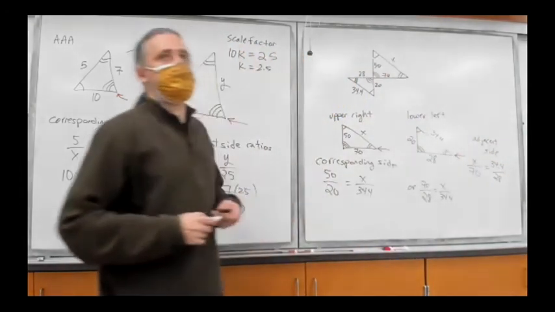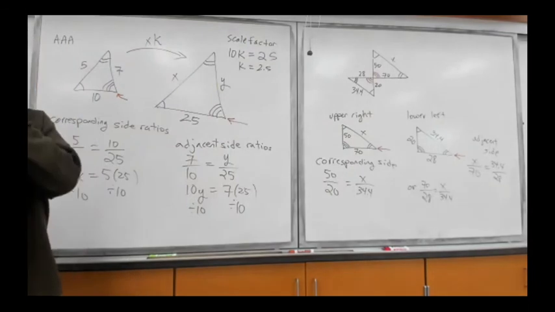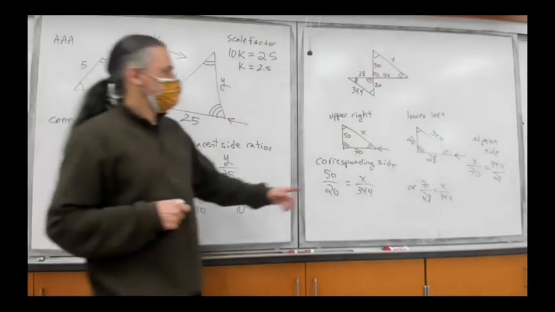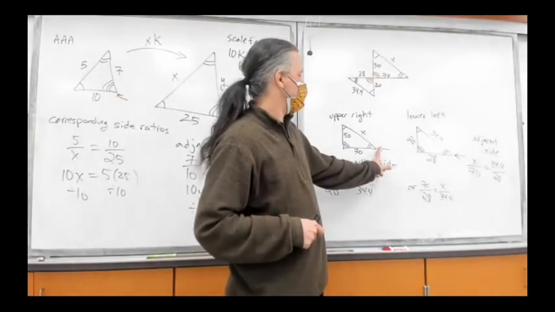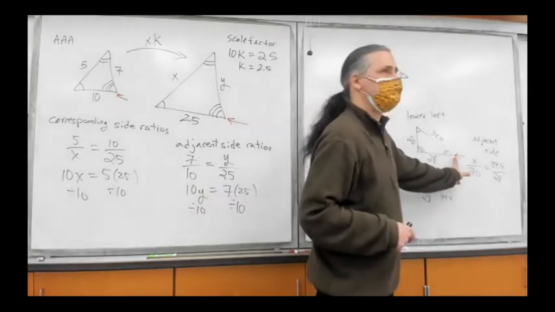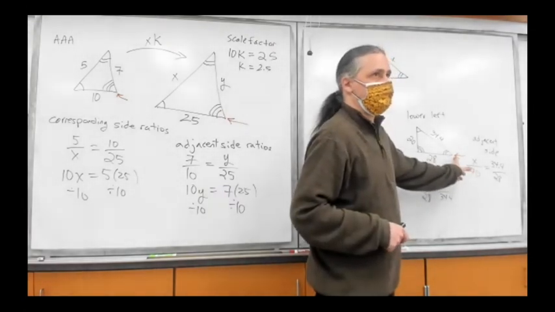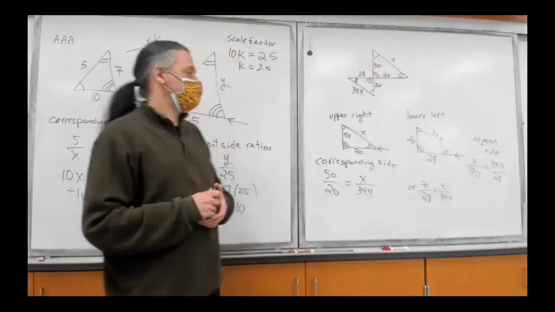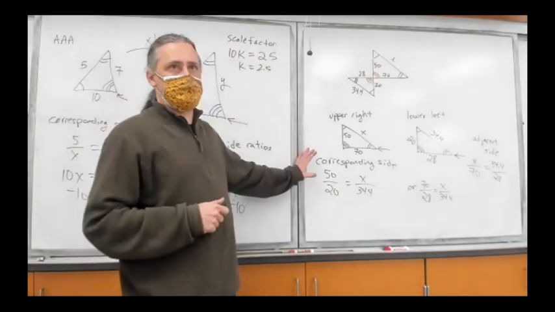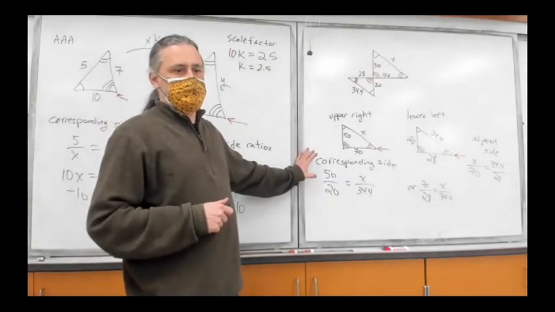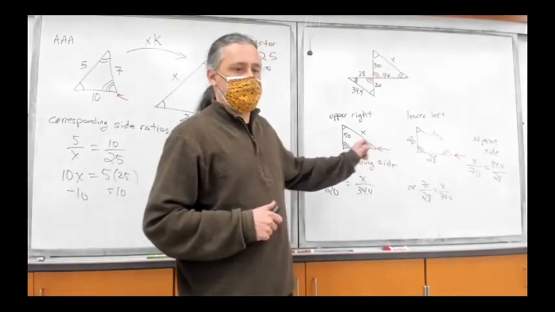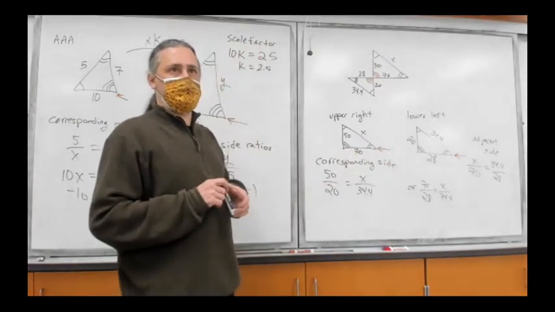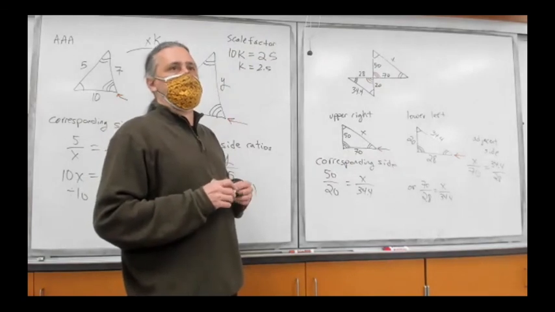So there's more than one way to do these problems sometimes, and it should still be valid. Again, if you're doing adjacent sides, you want to base it upon the same angle. I would stick with corresponding sides and only use adjacent sides if you have a problem with them, that's probably easier.